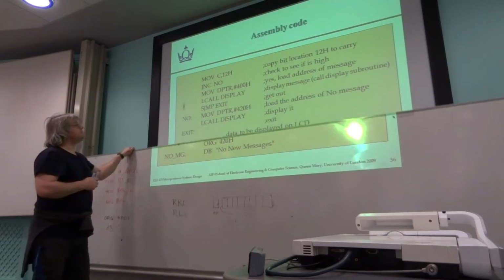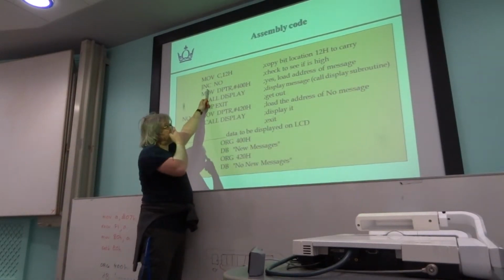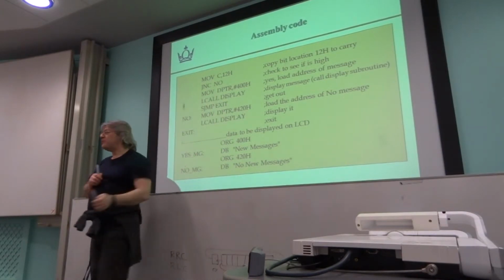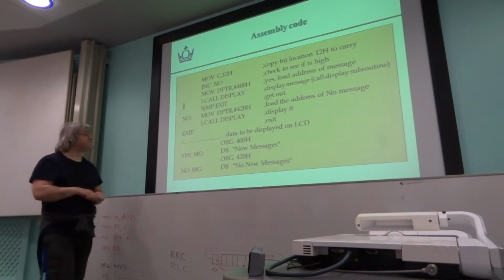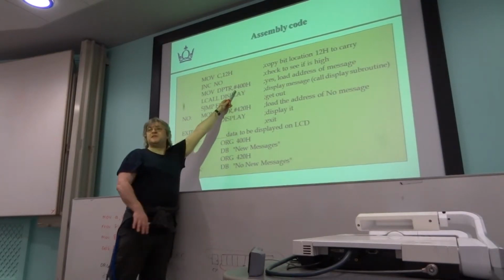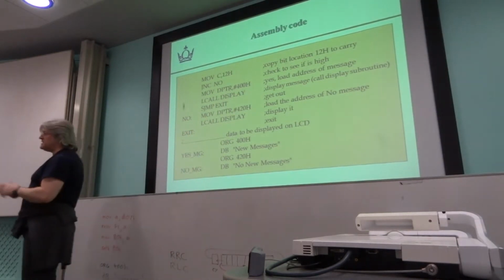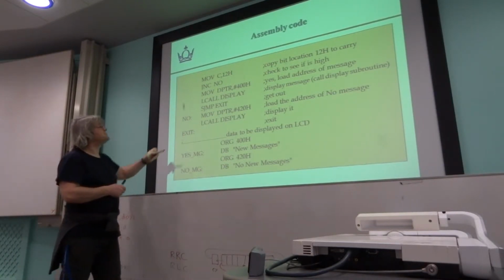So, given that the flag isn't set, we're going to write out the message for when memory location 12 is clear, which is, I think, no messages. So at location 400 onwards in the code memory is an ASCII string that says no messages or thereabouts.